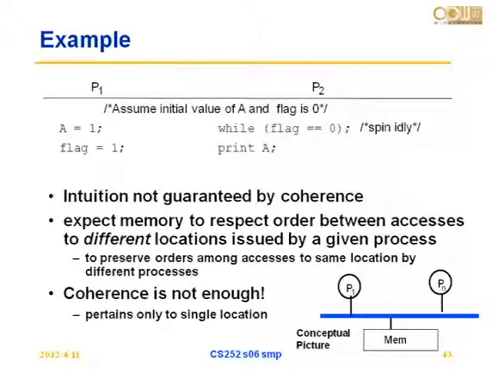Okay, so like this is processor 1, this is processor 2. A is assigned the value 1 and flag is assigned the value 1 in order. And while flag is equal to 0, print A. Tell me what value will be printed out?